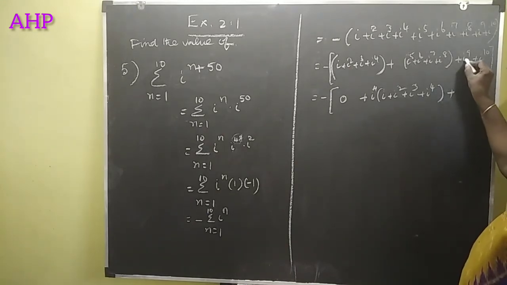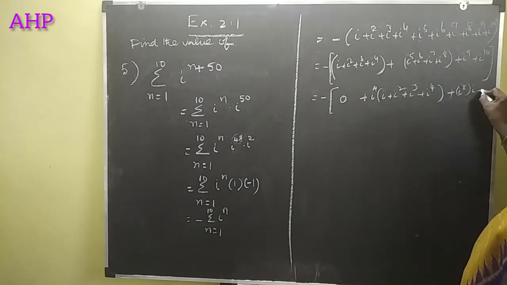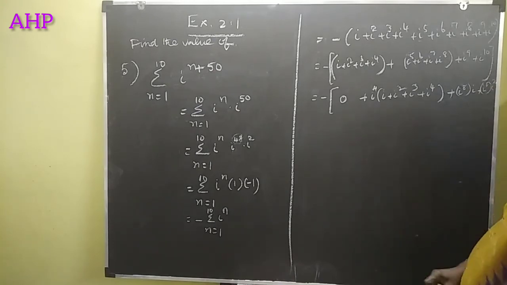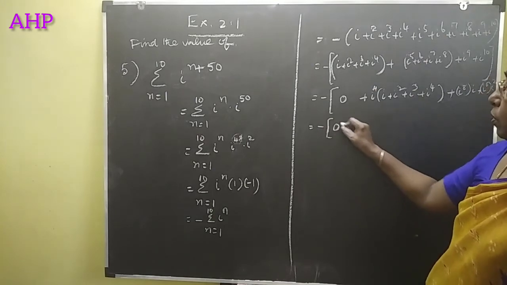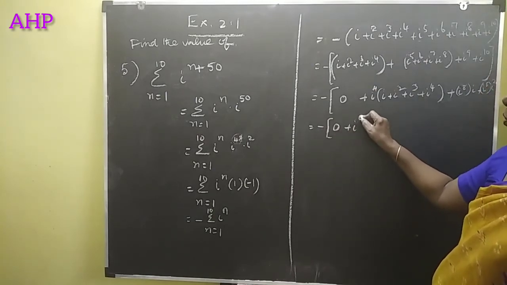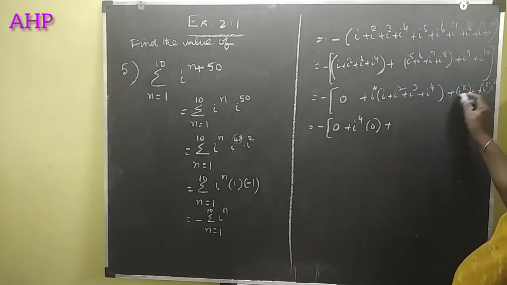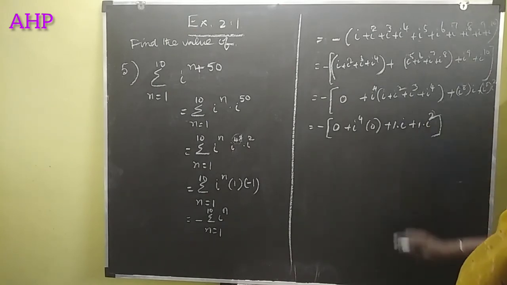This can be written as i power 8 into i. This can be written as i power 8 into i square. So this is equal to minus 0 plus i power 4 into 0 plus i power 8 value is 1. So 1 into i plus 1 into i square.